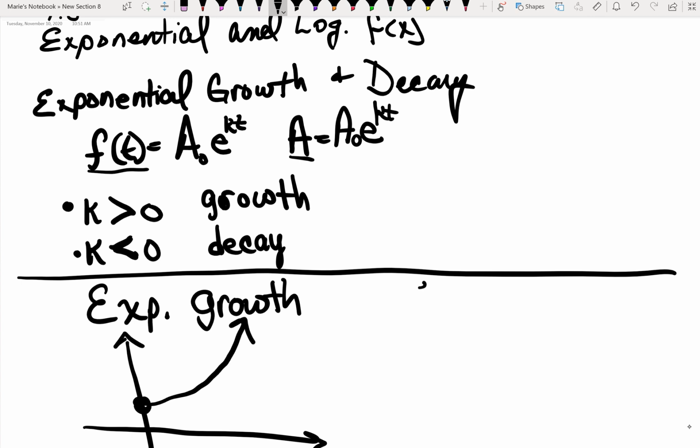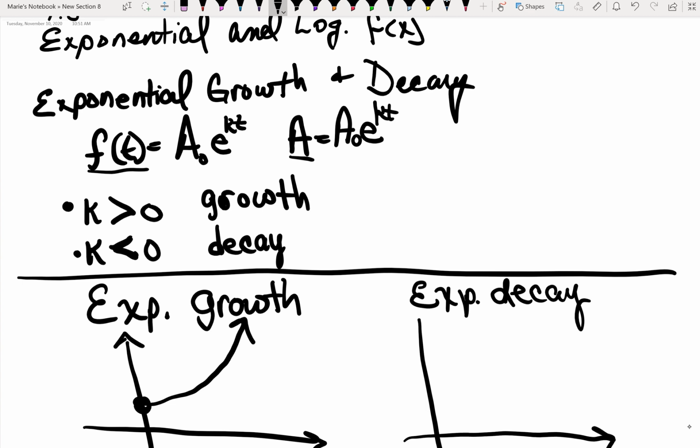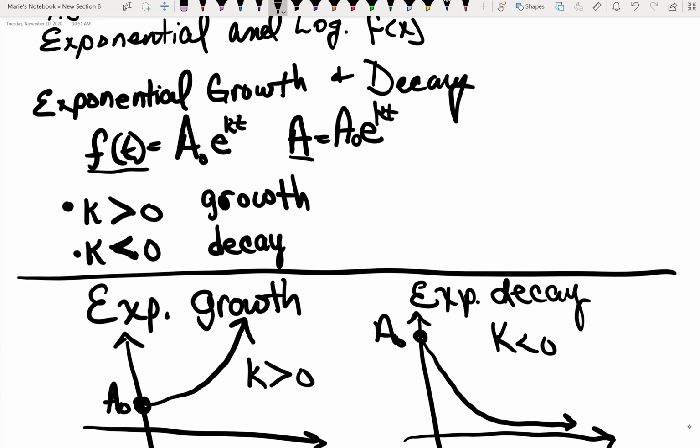If it is an exponential decay, then in the same notion, we have our first quadrant going like this, and our a sub 0 would be somewhere here. Remember, this is a sub 0, as is this. And basically this is decreasing in this direction, so the arrow is pointing that way. And so this would be an example of a k less than 0. This is an example of k greater than 0.